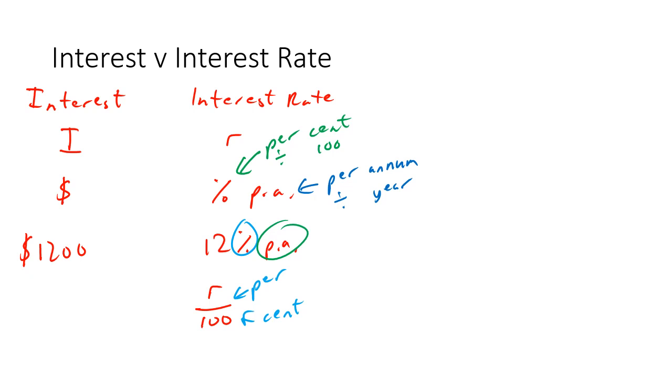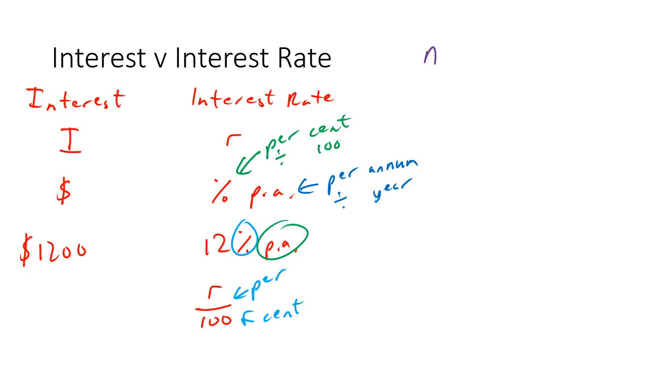Now, you might have a quote of 12% per annum, but you might not be compounding or making your interest payments every year. You might be doing it more frequently than that. That's quite a common thing. So you might get this idea of n.